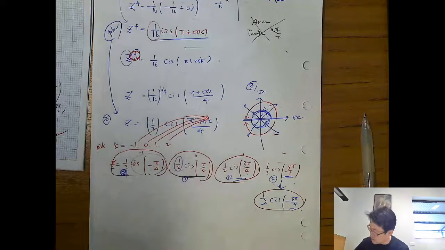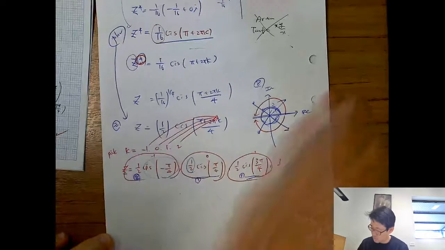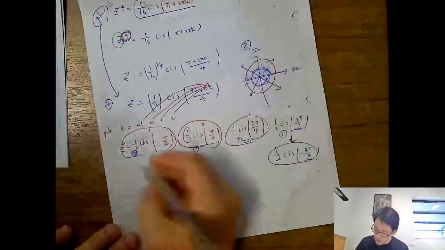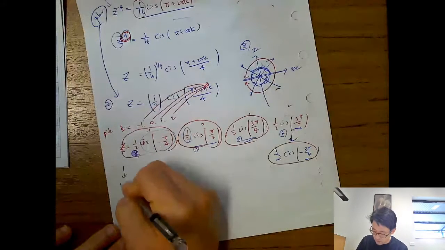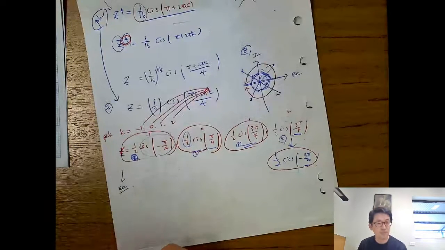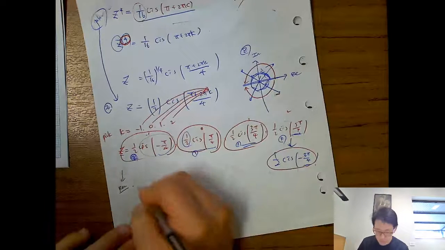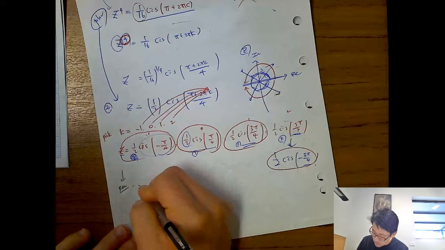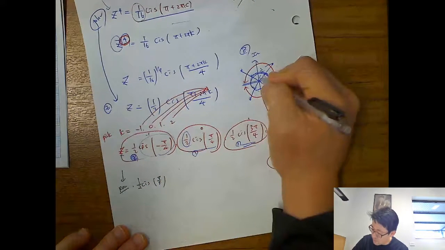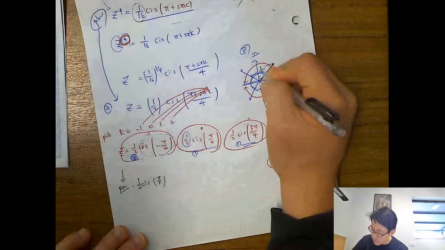Another thing, so you can finish here, you can finish here, you can finish here, or how can you convert to rectangular form? How do you do that? I'll probably just deal with half cis pi over 4. Since I have that, that's probably easy. So it's half, isn't it?